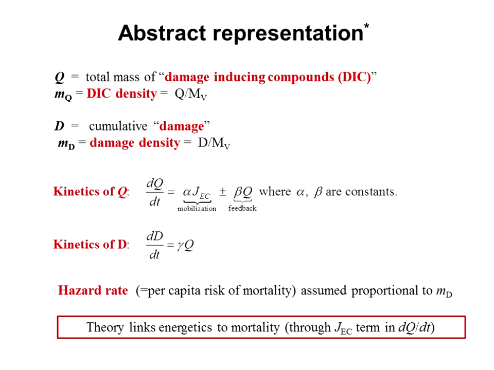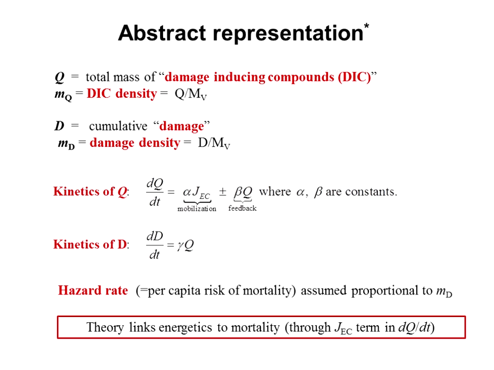The next assumption is relatively straightforward: there is some rate at which damage-inducing compounds are turned into damage, and the hazard rate, that's the per capita risk of mortality, is assumed proportional to the damage density.